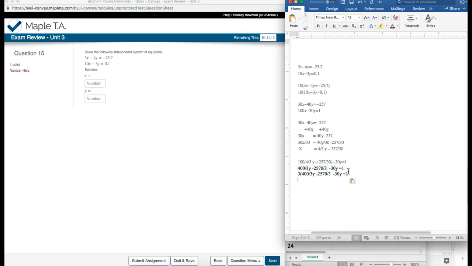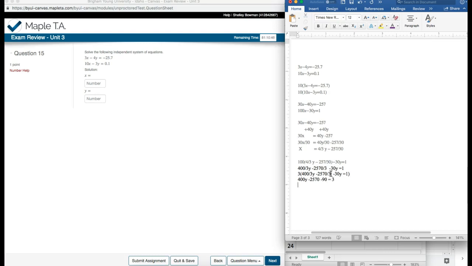If I multiply everything by 3, the first one cancels out the top and the bottom, so I'm just left with 400y. And then the 3's will cancel here as well, and so I'm left with negative 2,570. And then 3 times 30 gives me negative 90, and 3 times 1 is 3.